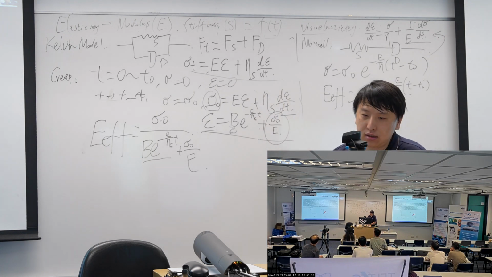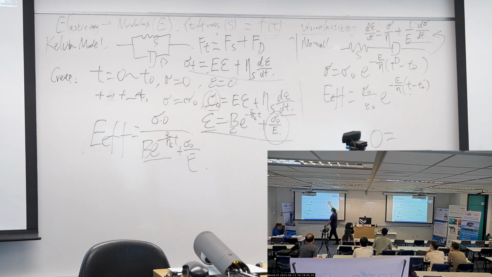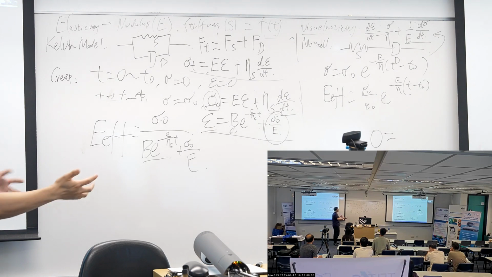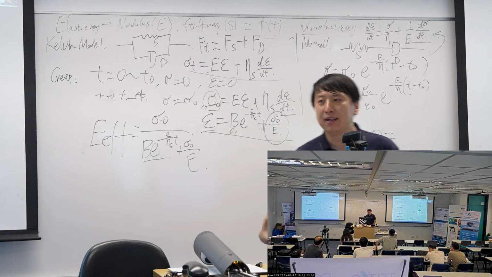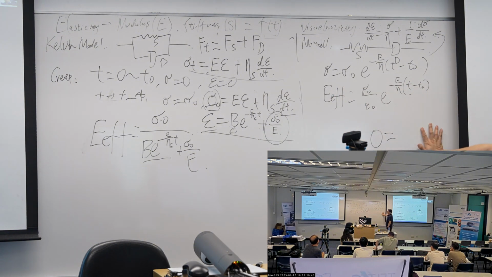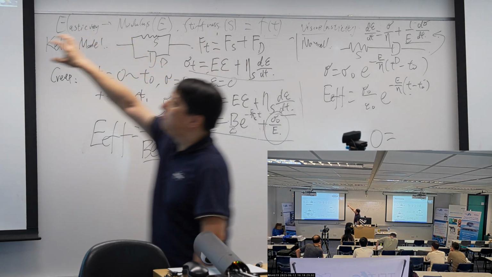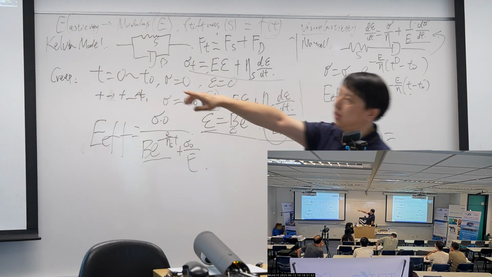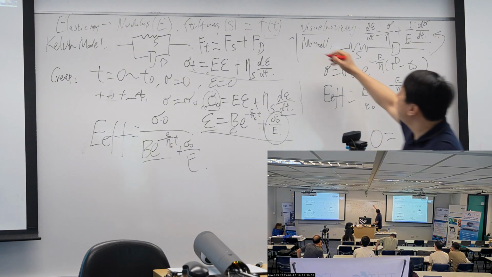So totally, the final game for viscoelasticity is to figure out what the modulus looks like. We'll write it down as a function of time. And in the 19th century, Kelvin and Maxwell gave a basic description of viscoelasticity. Maxwell gave the serial connection, and he used it to describe the relaxation.